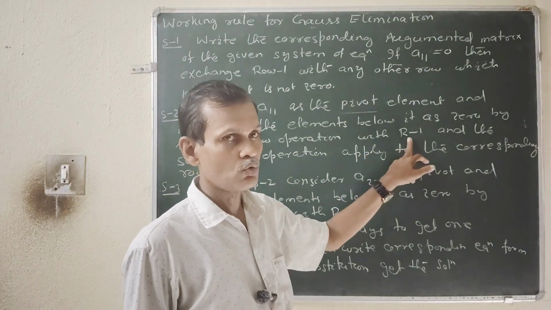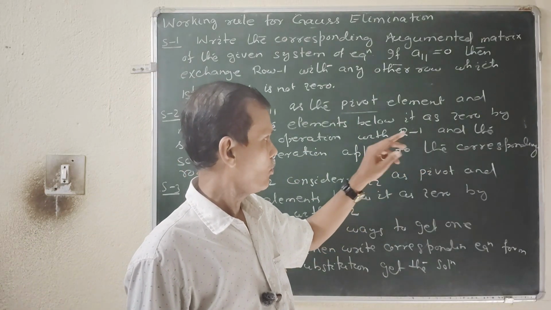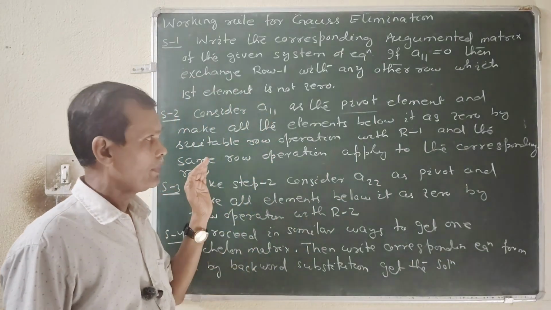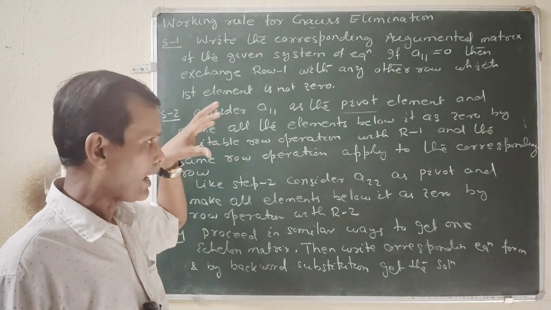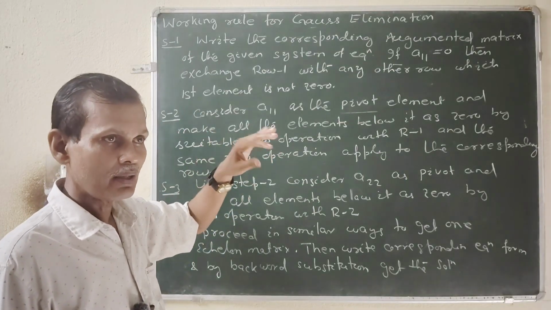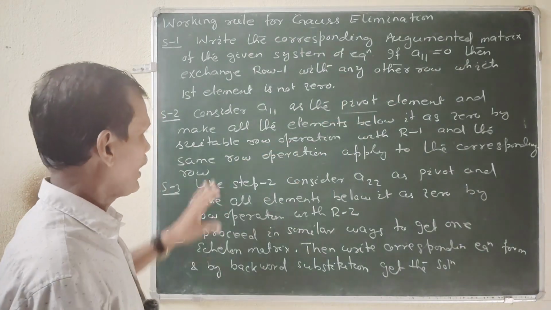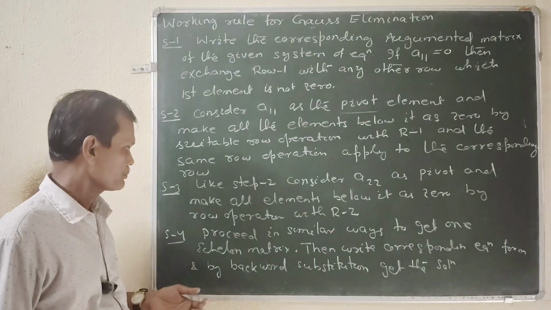When we make all the elements below A11 as 0, the row operations will be applied to the corresponding elements of the entire row. How we are doing it, we will see along with the problems.